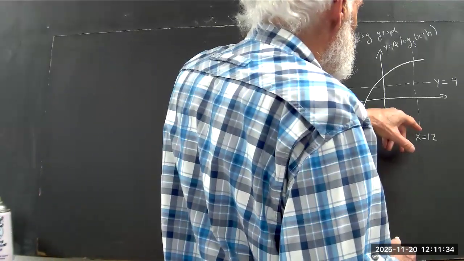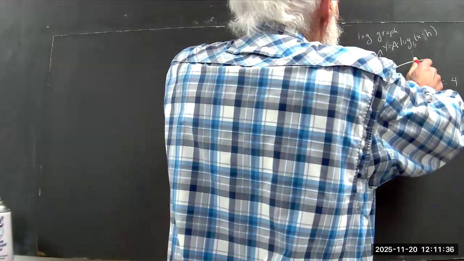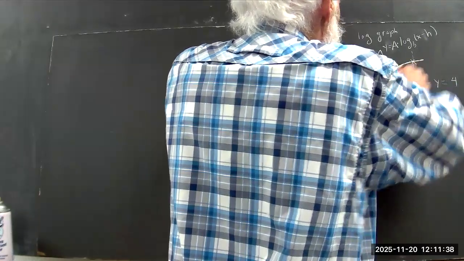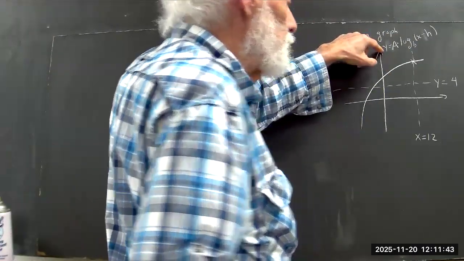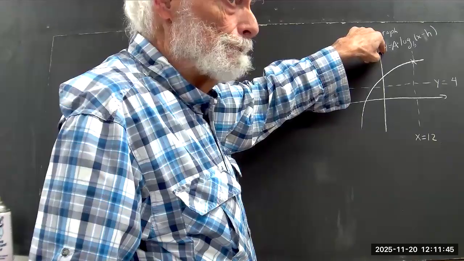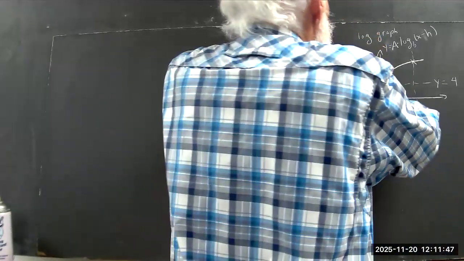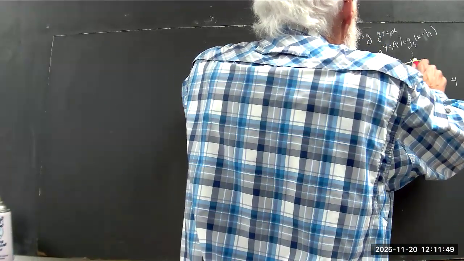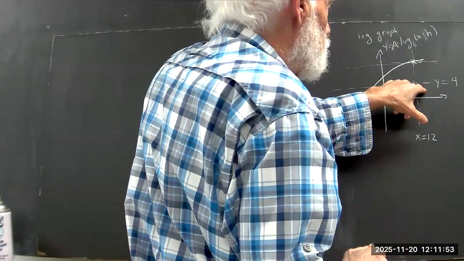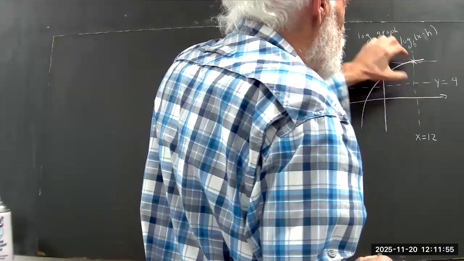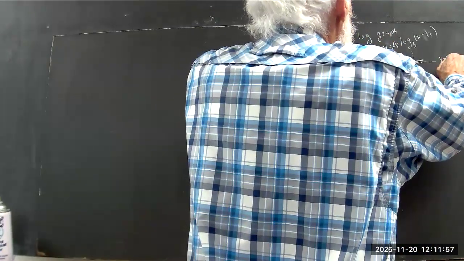So if x equals 12, if we get a point on the graph, then we have an x and a y we can plug in, right? Well, I'm a little low there, but okay, on my graph, I've got y equals 4 here. I'm going to say if I go all the way up to this, that should be about y equals 10.